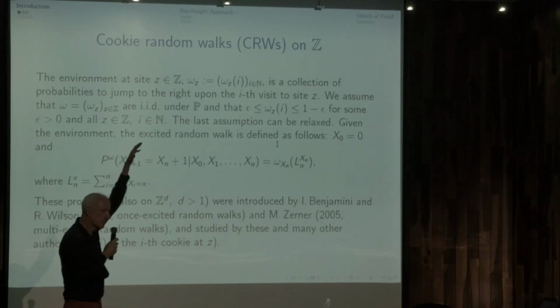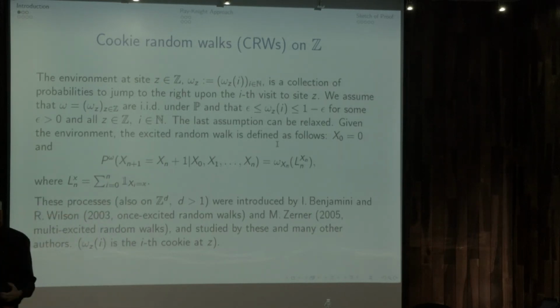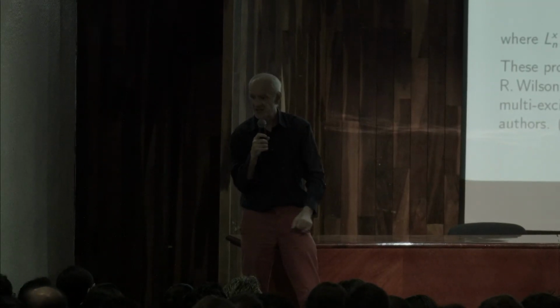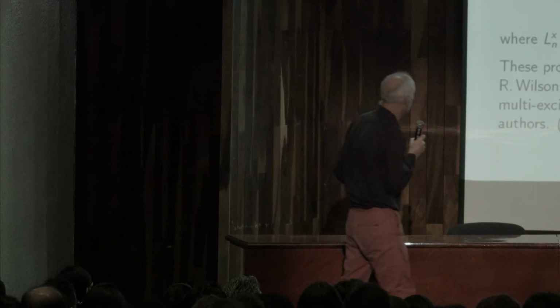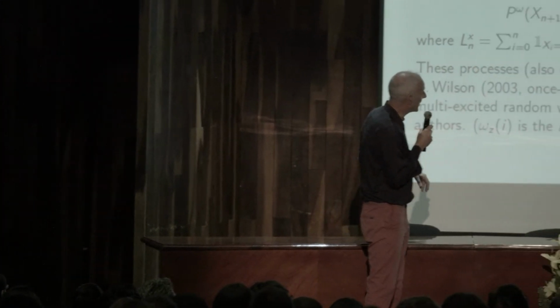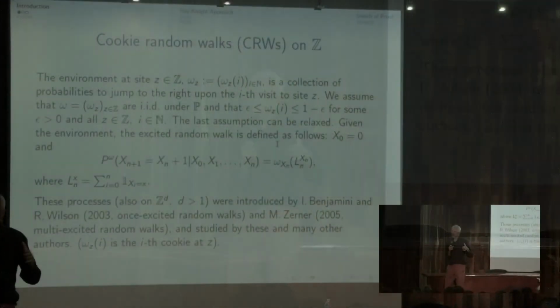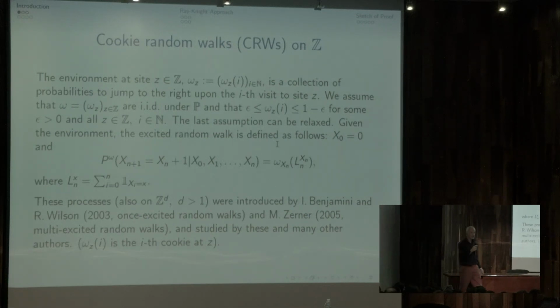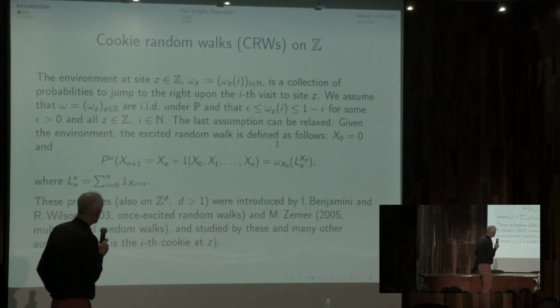We want these piles of cookies to be independent across the sites, and independent with the same distribution. We've assumed, being a bit lazy, that the probabilities are always bounded away from 0 and 1.